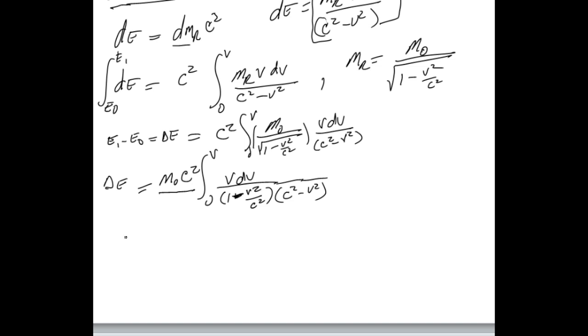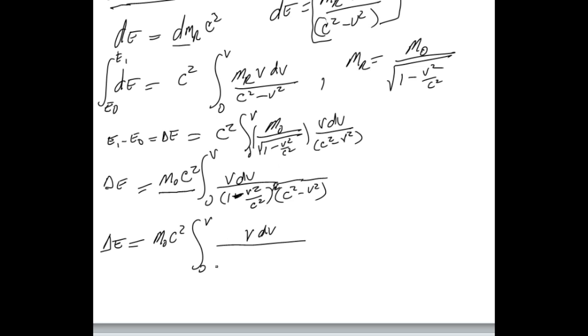Okay, so now I want to rewrite this and make this equation a little more manageable. It is equal to m naught times c squared, integral from 0 to v of v dv, and I'm going to write this equation as, I'm sorry, I left my square root sign off there.